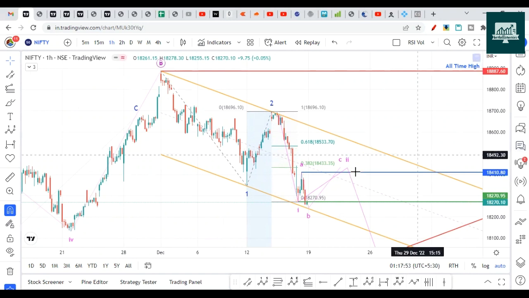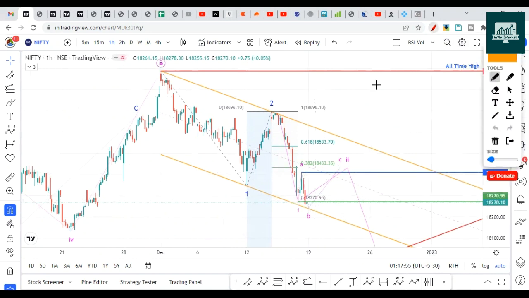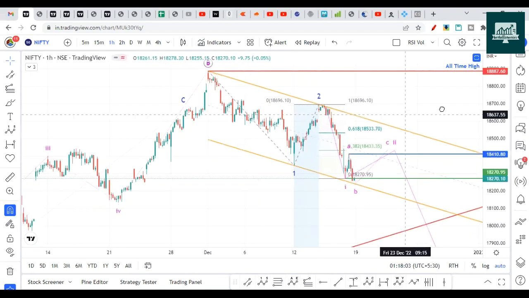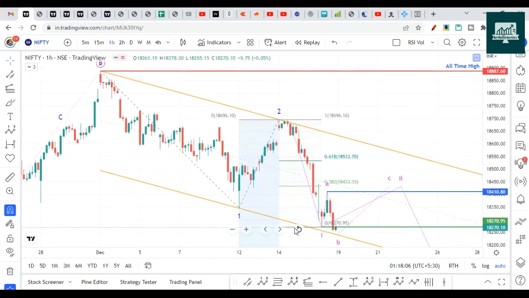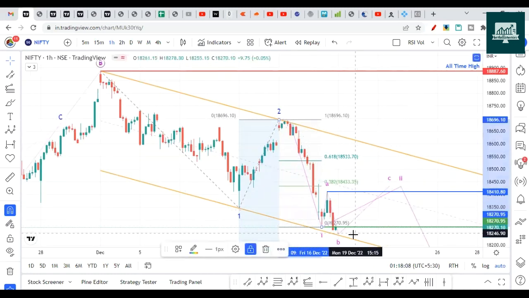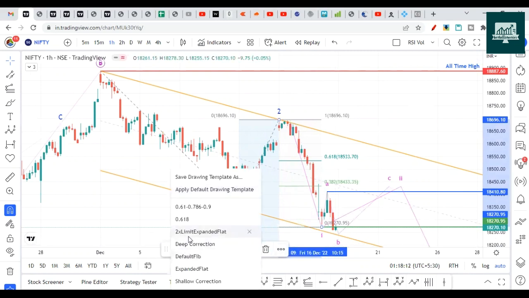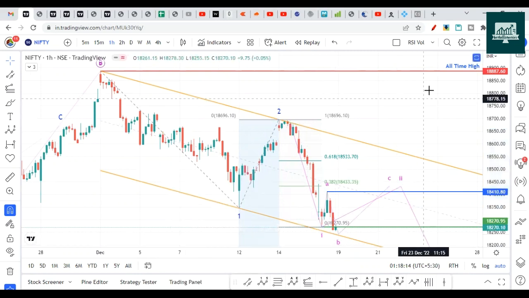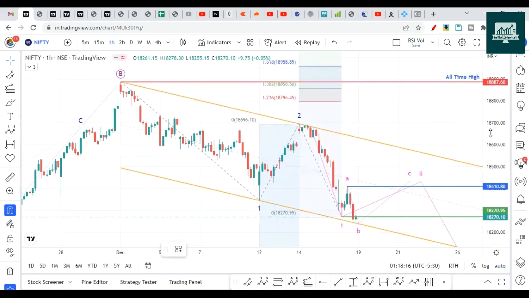In the next session, what I'm expecting is Nifty to either open flat, make one more smaller low near 18,200 or something. Even 18,200 is looking less possible. It can open a small gap down, but not too much gap down. If it opens too much gap down, then I won't consider this a proper expanded flat correction.